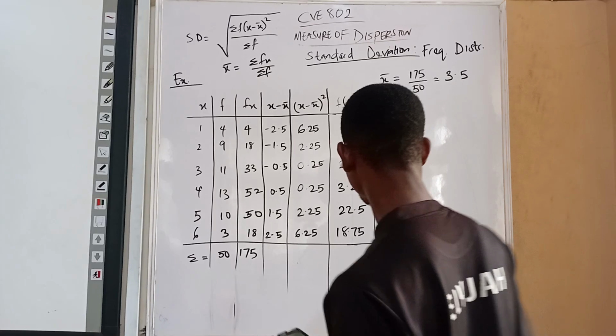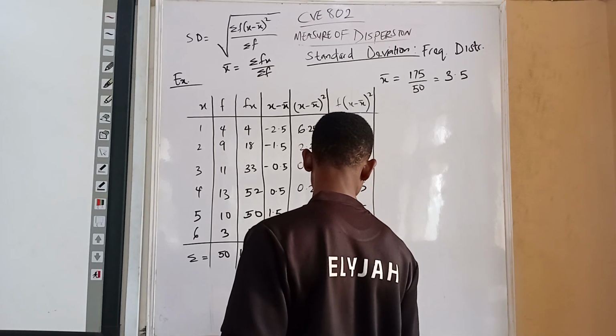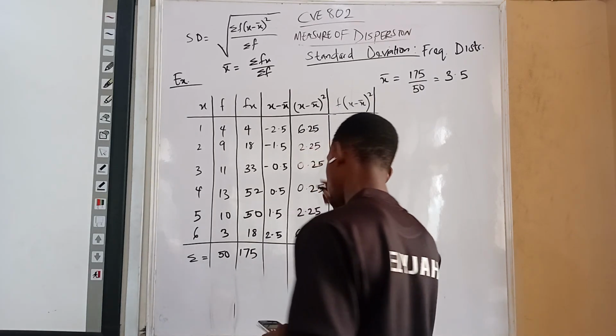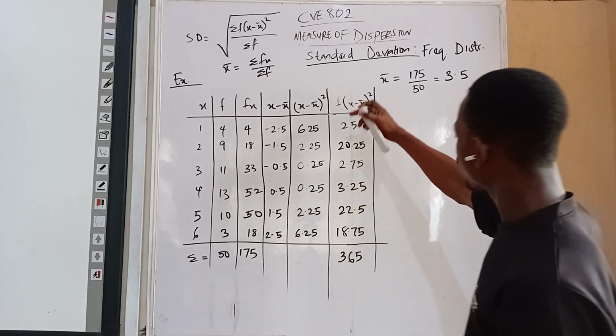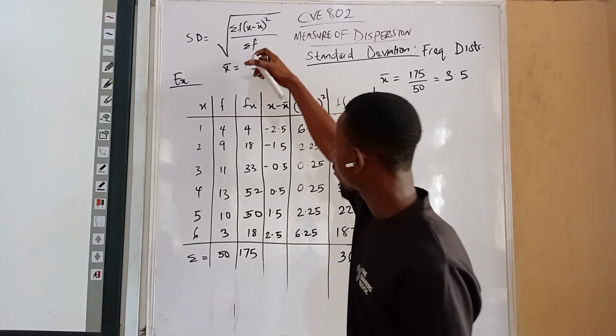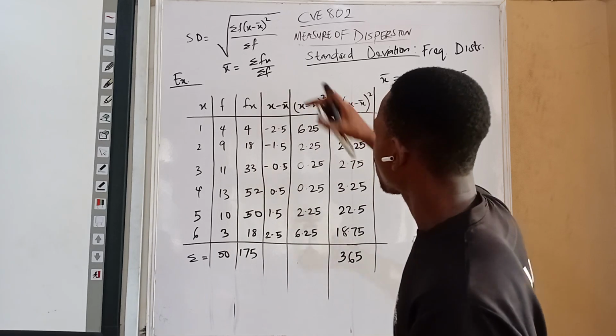That's 365. From the formula, it is the summation of this divided by the summation of f, and find the square root.